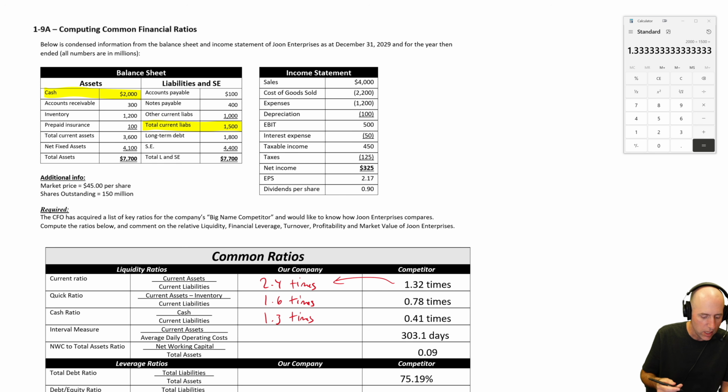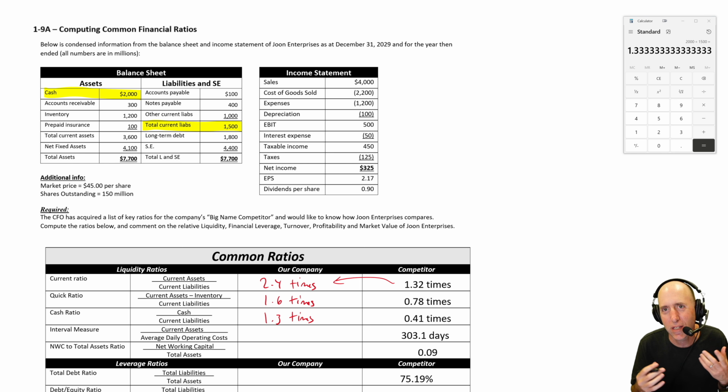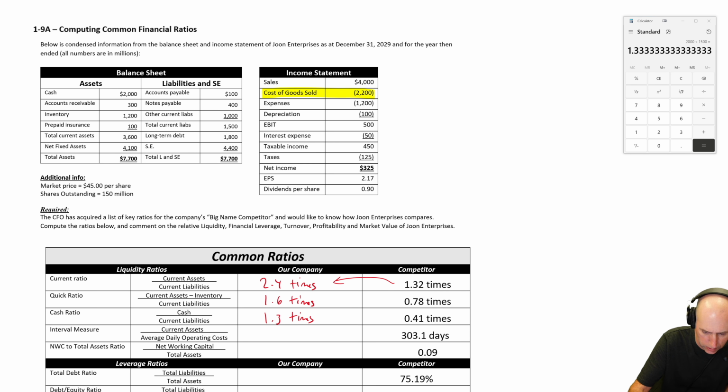Interval measure. This says, are we able to cover our costs? I almost treat this like a burn rate, in a tech company that's burning money. This is a measure of how quickly we're burning money. How quickly are we going to burn through our current assets given our costs? And our operating costs would be our cost of goods sold, which is an operating cost, and our operating expenses.